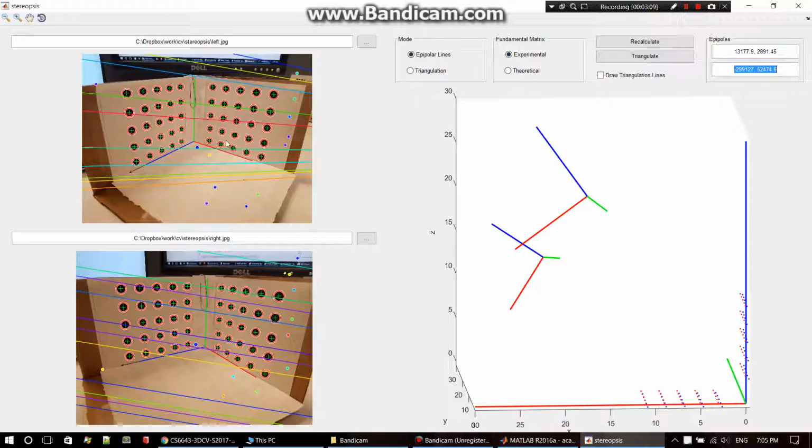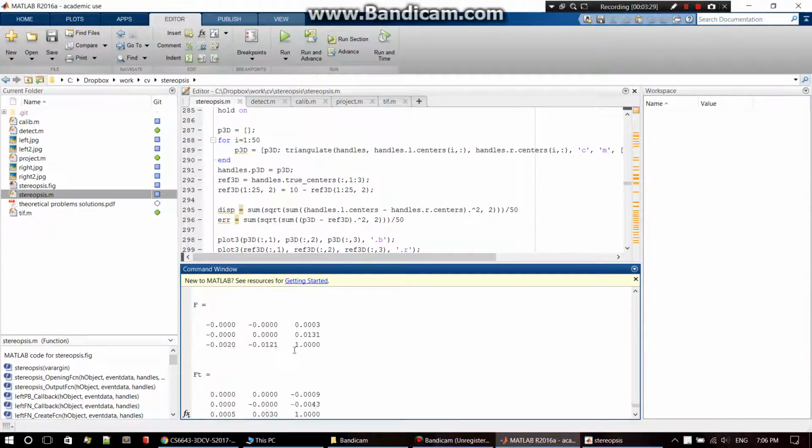But since we calibrated both of the images, we can compute the fundamental matrix in a theoretical way by computing first the essential matrix, knowing the translation and rotation of camera, and calibration matrices. And you can see this here.